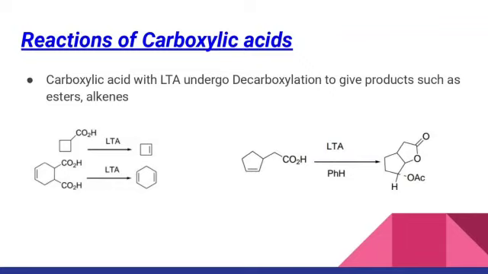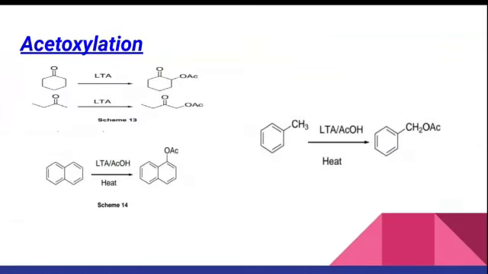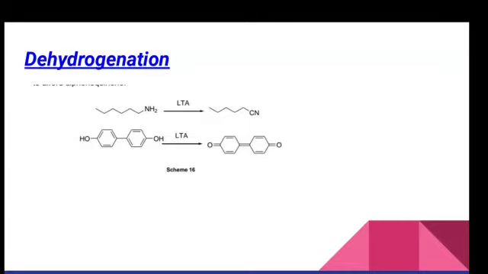Then the reaction of carboxylic acids. Generally, carboxylic acids with LTA undergo decarboxylation to give products such as esters and alkenes. Next reaction is acetoxylation. Ketones react with LTA to give acetylated products at the alpha position. The yield can be improved with a catalytic amount of BF3. The next one is dehydrogenation.